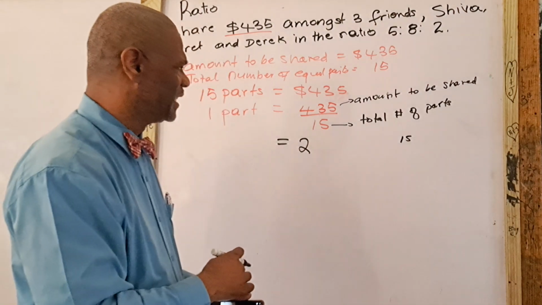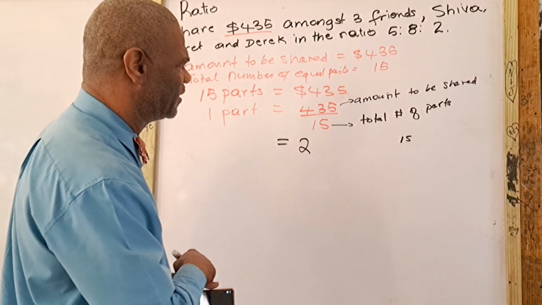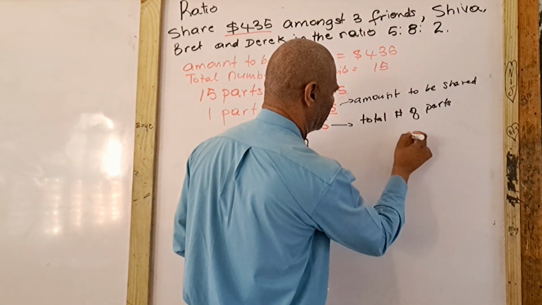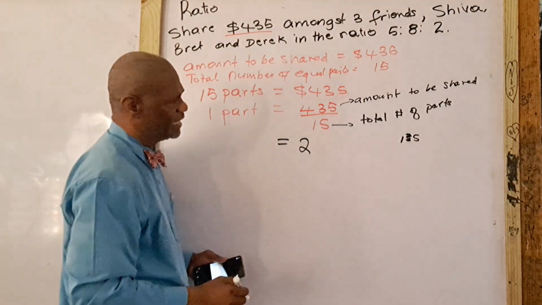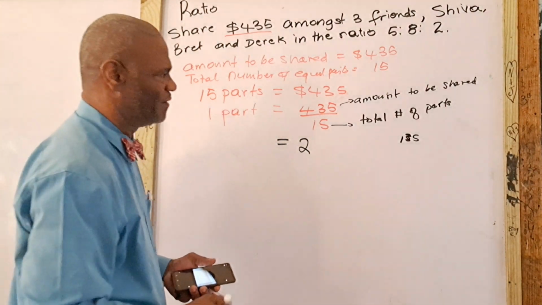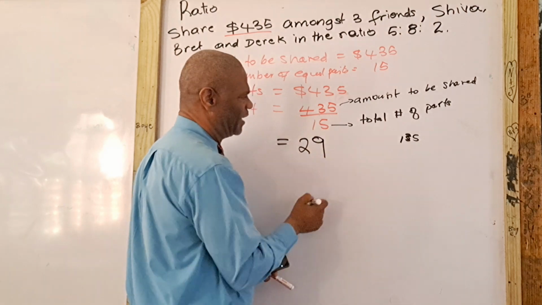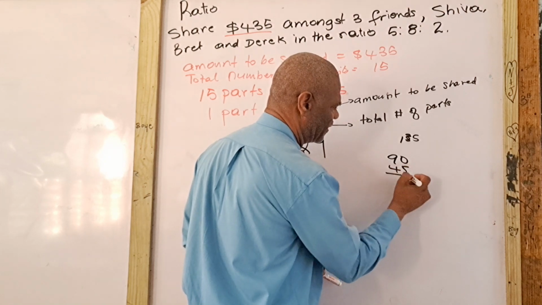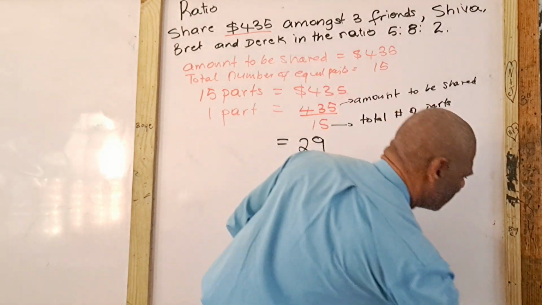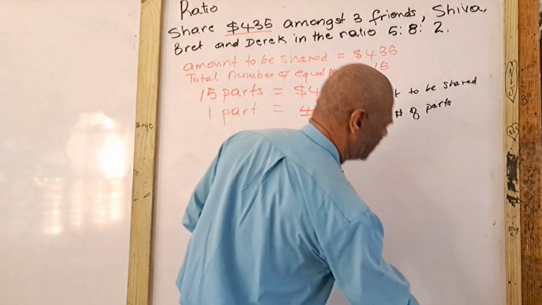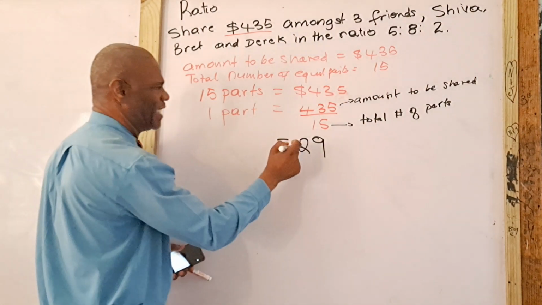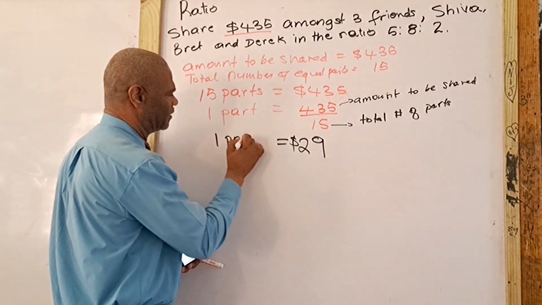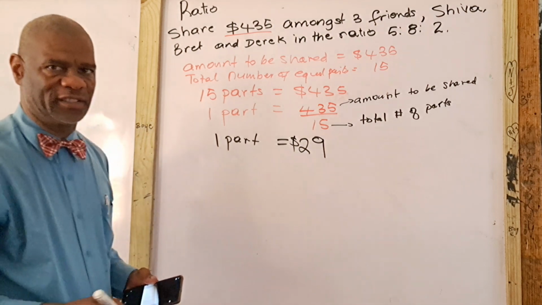So we'll have 9, 9 times 90 plus 9 times 45. That's it. So we simply divide 435 by 15. And so one part is equal to $29.